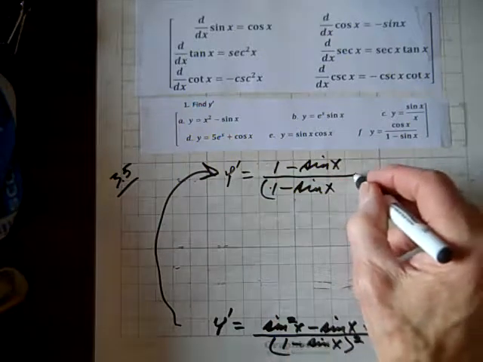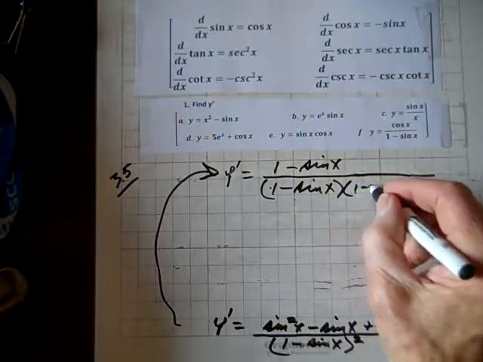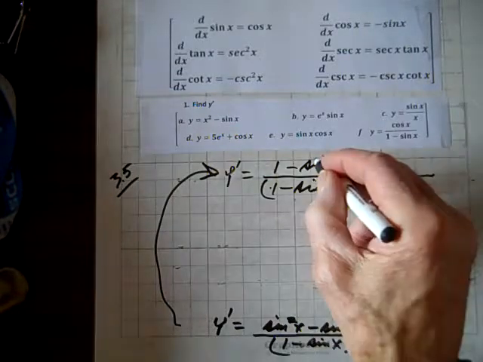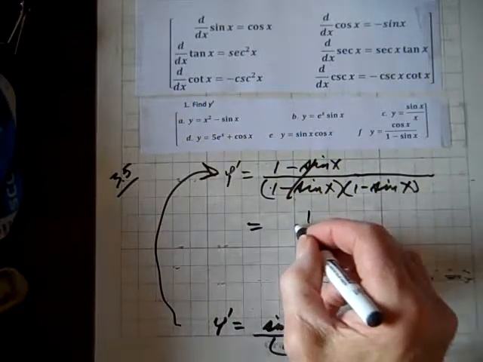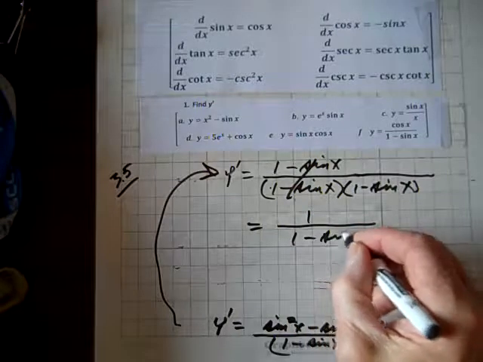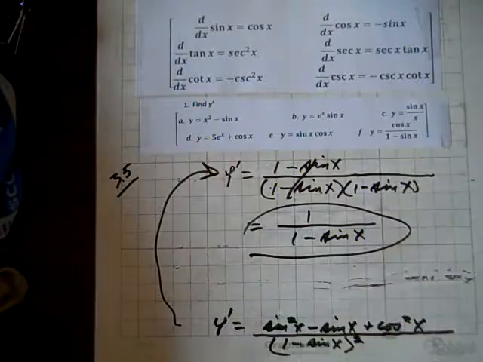So I'm just going to write it as 2 factors of 1 minus sine x. And notice, one of these factors divides out, so we just get 1 over 1 minus sine x. That's a great little problem. So, okay, we're done with that one.